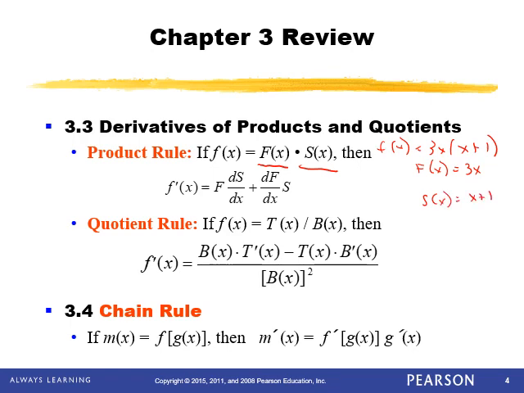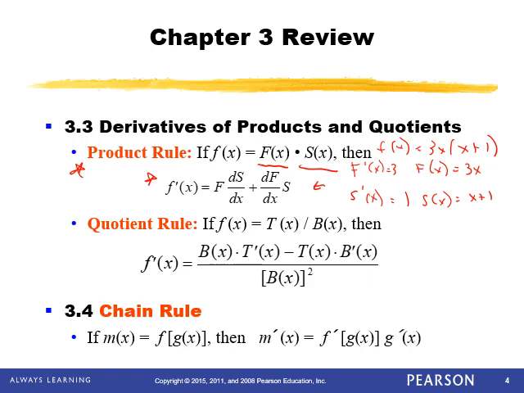And so really you want to find f prime of x, which is just 3, and s prime of x, which is just 1, and then plug it into this formula.